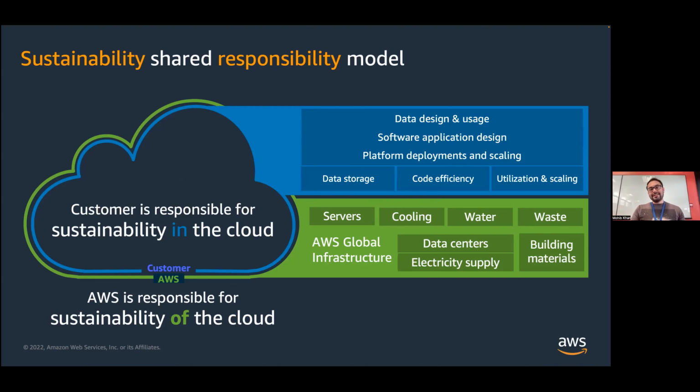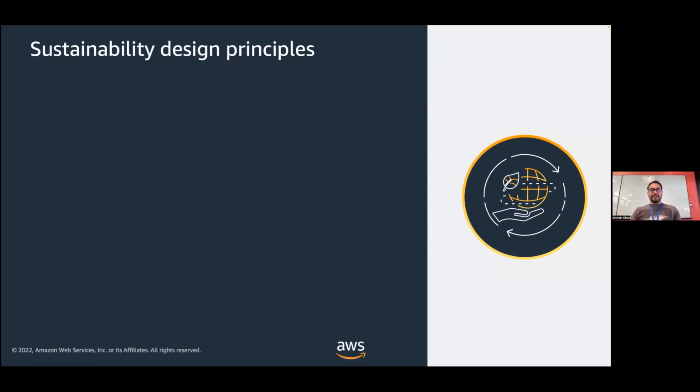So let's go into the deeper part of the design principles in general. The first design principle is understanding your impact. This means measuring the environmental impact of your application or cloud workload.